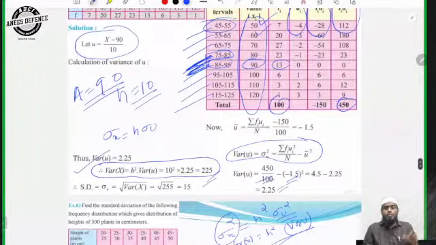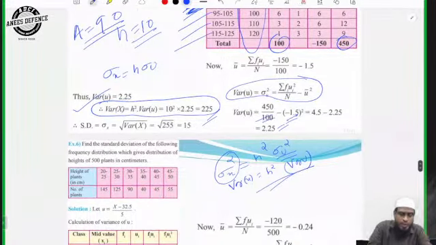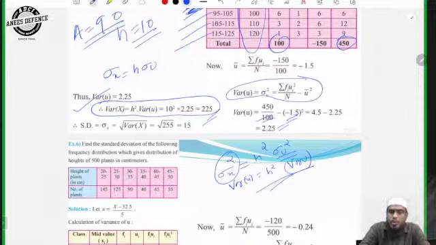If you use change of origin, the variance and standard deviation will not change. But if you use change of scale, the final value will definitely be affected. How is it affected? Sigma x square is equal to h square into sigma u square.